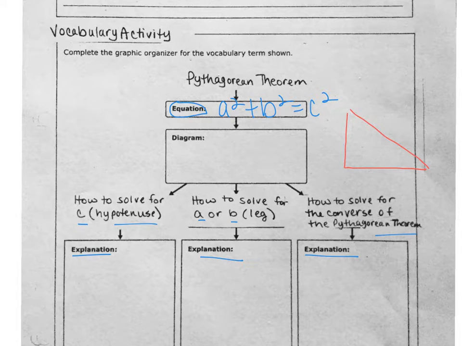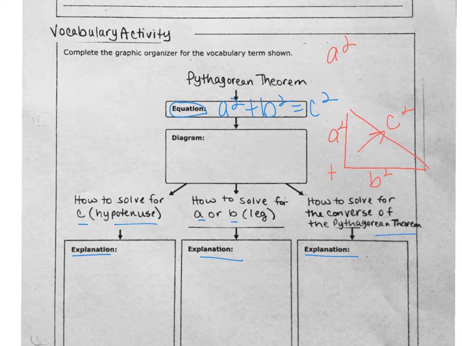So in other words, if side A and side B both squared and added together equal this side squared, then it is a right triangle.